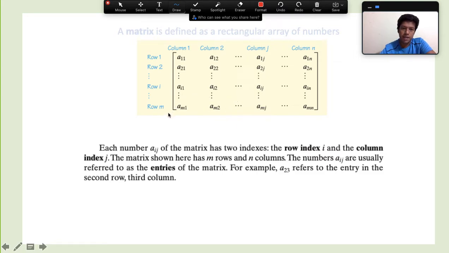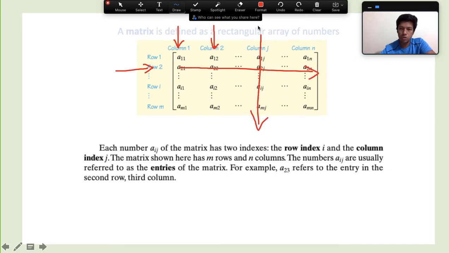Notice that this is column 1, column 2, column 3, this is column, let's say, column n, and these are the rows. This way when you go, these are rows, and this way when you come, these are columns.